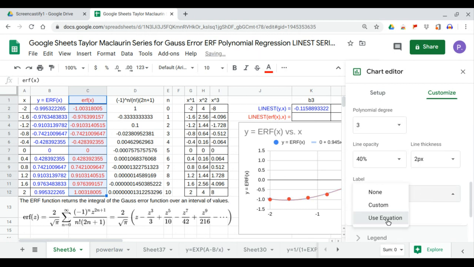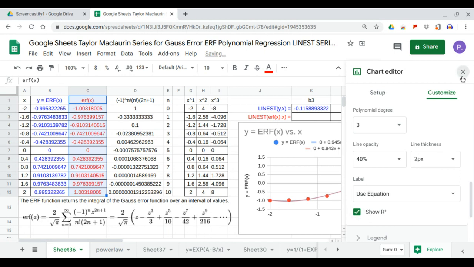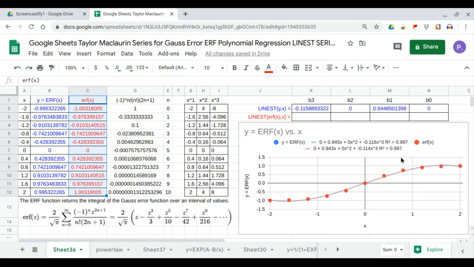We'll show the equation and r squared as label. So we have the trend line. So ERF x equals 0 plus 0.943, which is almost the same as 0.945, plus 0, minus 0.114, almost the same as negative 0.116 or negative 0.114.